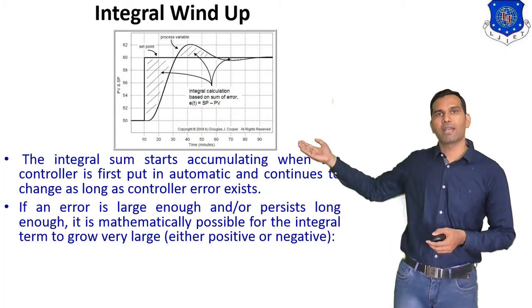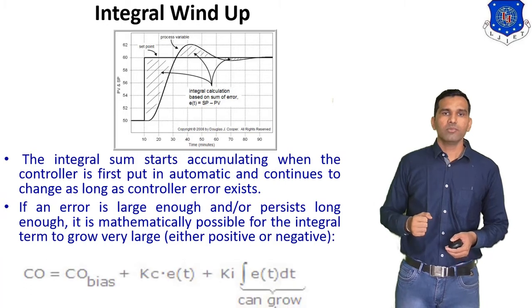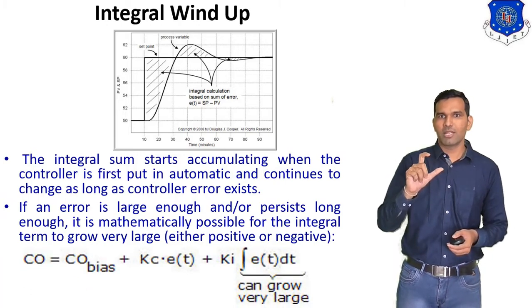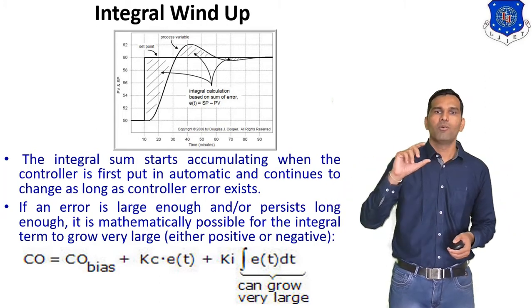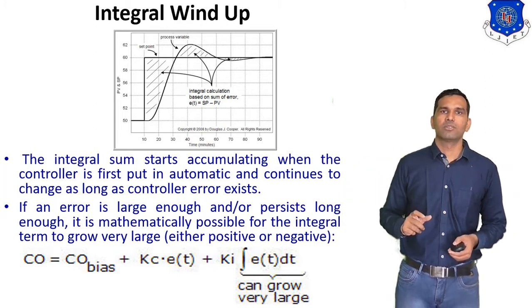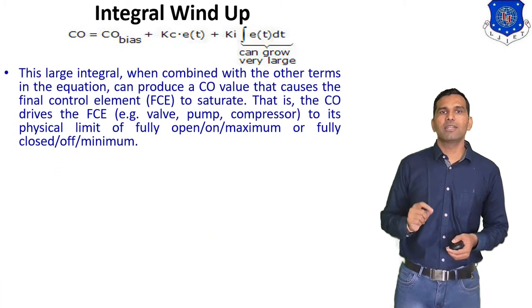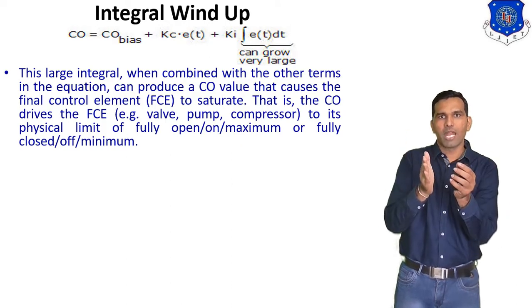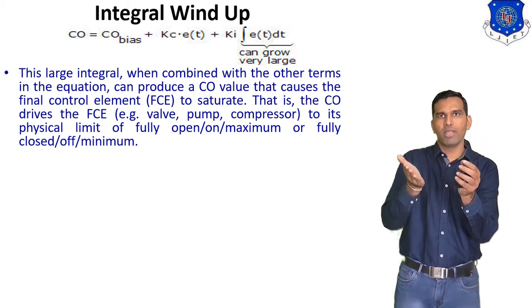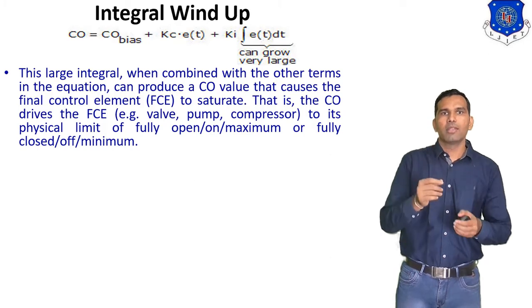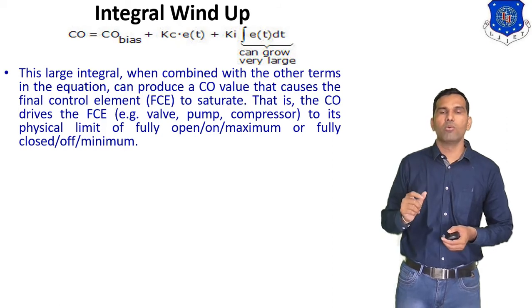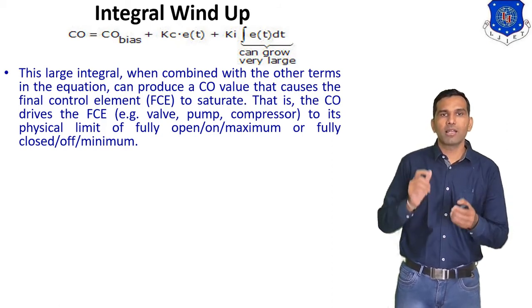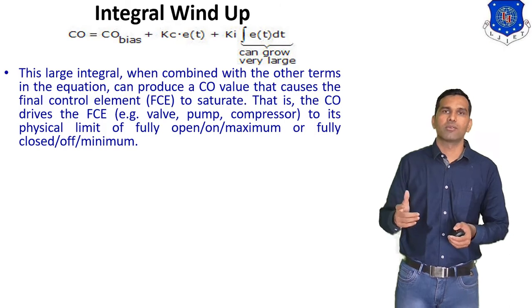You can see this action in the figure. So this integral term becomes very large. This large integral, when combined with the proportional term in the equation, can provide a CO, that means controller output value, that causes the final control element to saturate.